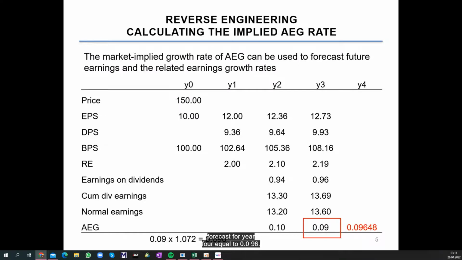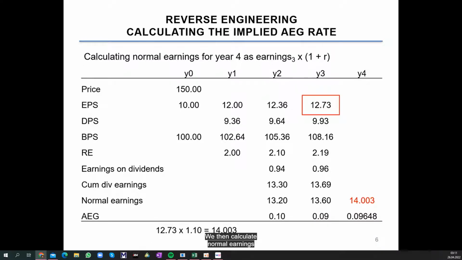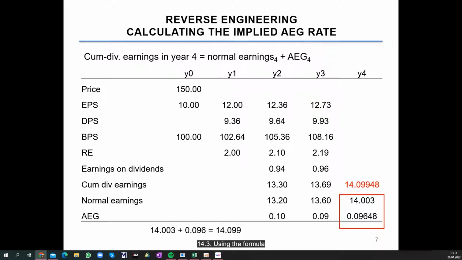0.096. We then calculate normal earnings in year 4 as 12.73, which is the earnings in year 3, times 1 plus r, which is 1.1, and this gives 14.003. Using the formula for abnormal earnings growth, we can now calculate cum dividend earnings.